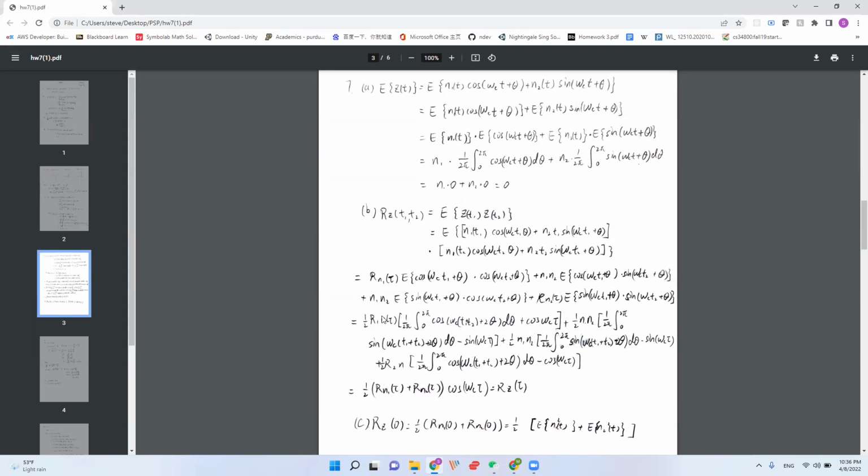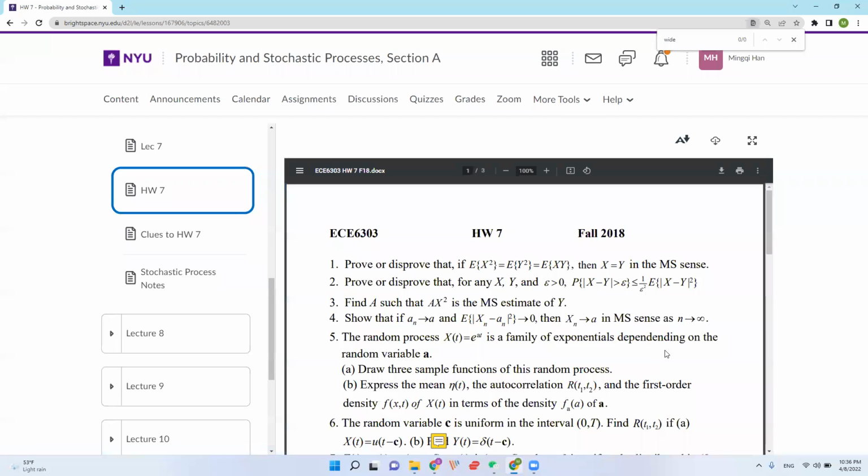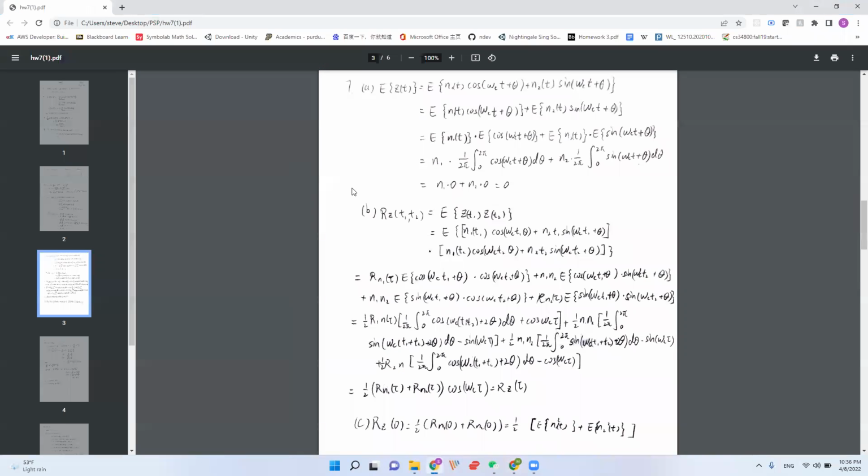Do the integration, everything that's required, and we have this function, and it's equal to R_Z(tau). So it means that it is WSS. Yes, because we have the solution here: this thing equals this thing.